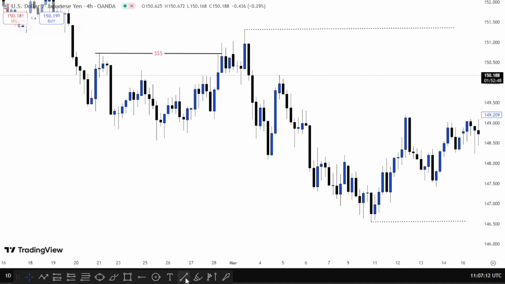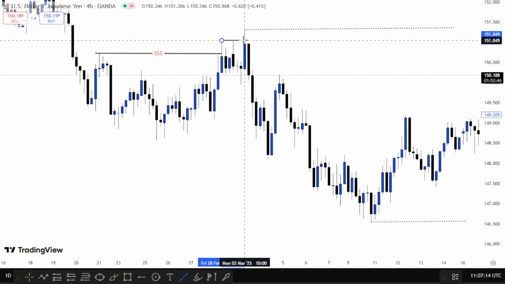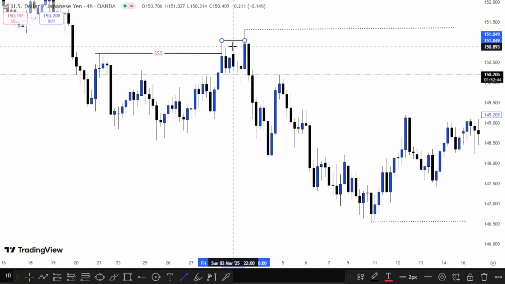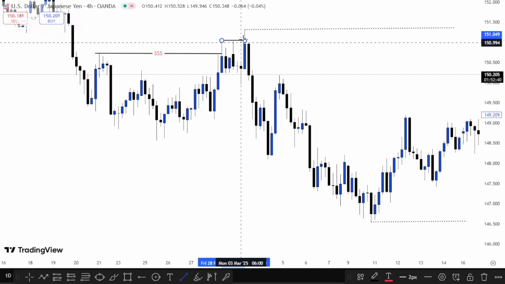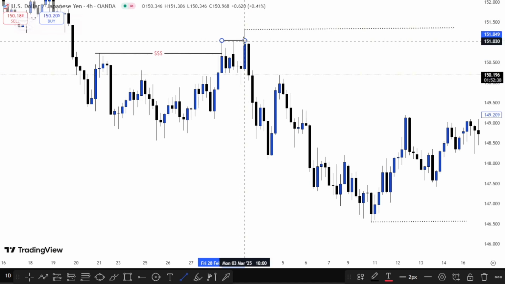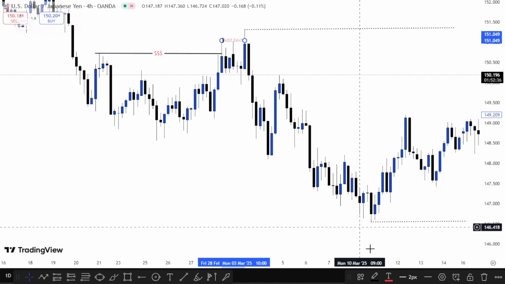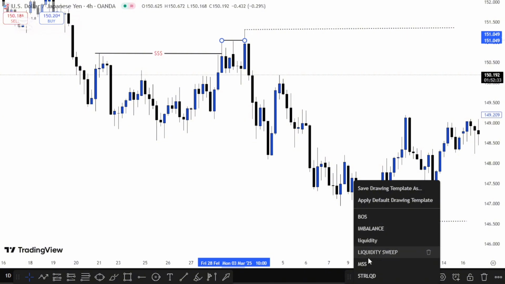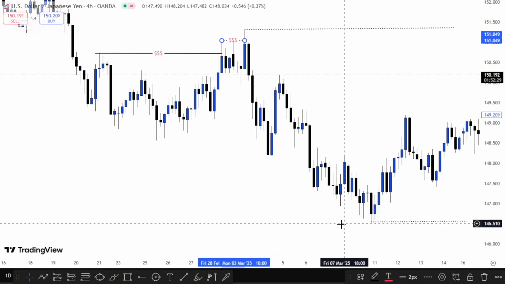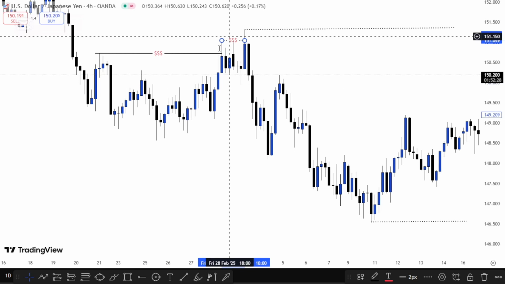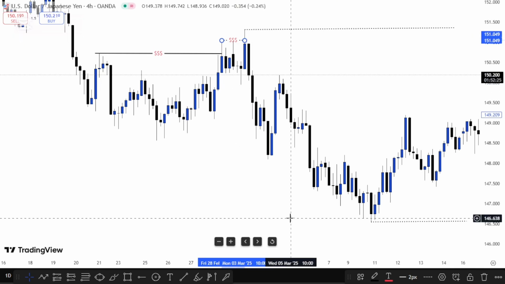And then here again we also have a liquidity sweep right there. Why? Because the market took out that high, swept the liquidity and could not continue trading in the direction which it swept liquidity from, and then it automatically reversed direction and started selling to the downside. So this is our liquidity sweep, and that's how to identify a liquidity sweep.